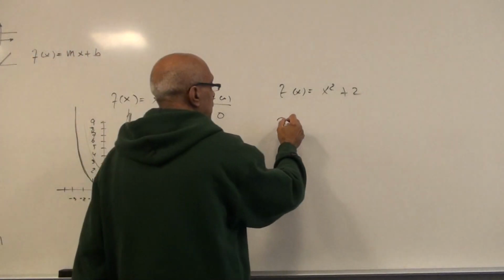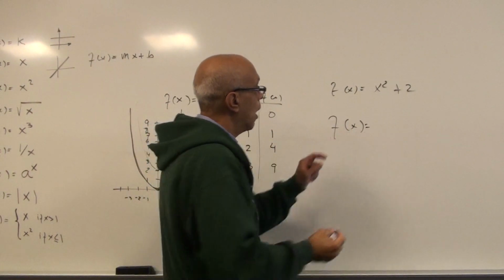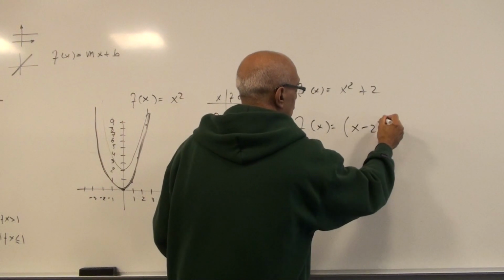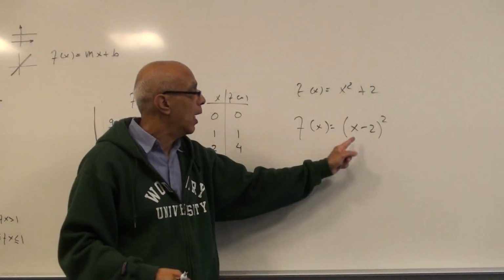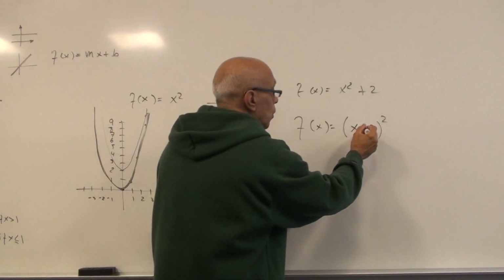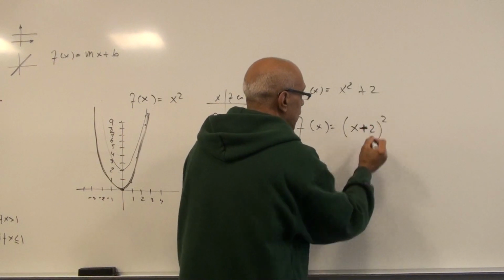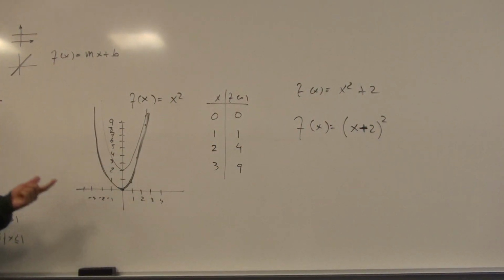What happens if I now, instead of adding 2 to the x squared, I add 2 to x? Let's say I add 2 to x here, so x plus 2 squared. What do you think is going to happen to this curve? Where is the minimum going to now?